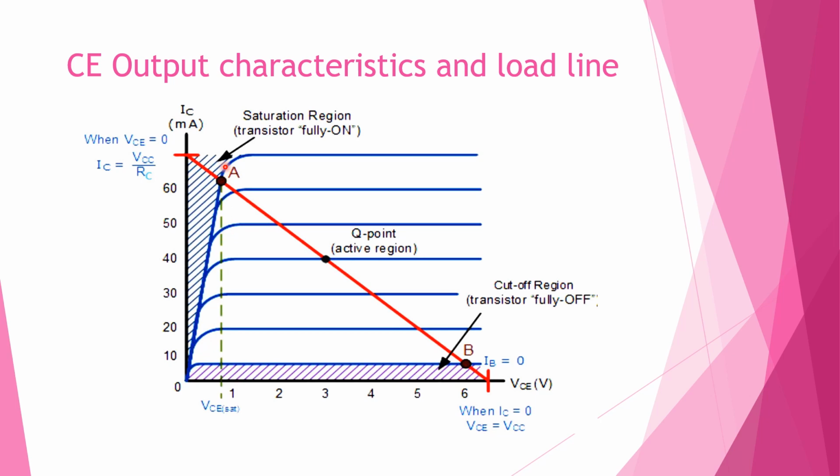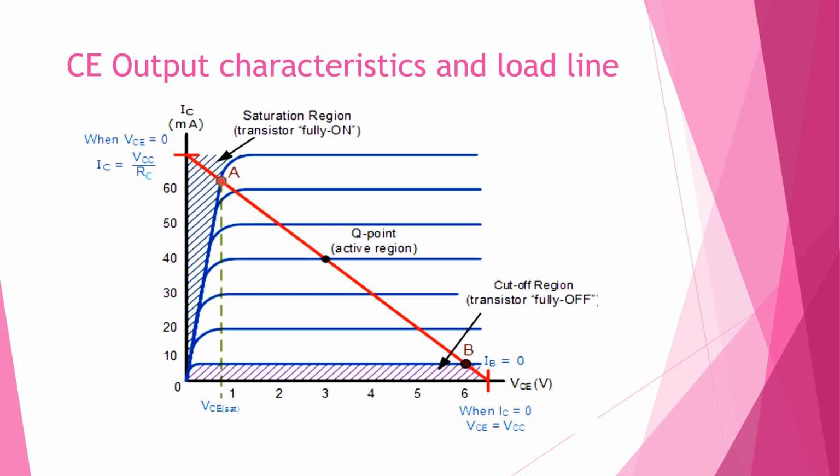So this is the diagram. This is the CE output characteristics, and this red line is the load line. The intersections of these points will give all the voltages and currents available in the circuit when IB, that is the input current, changes through these lines.